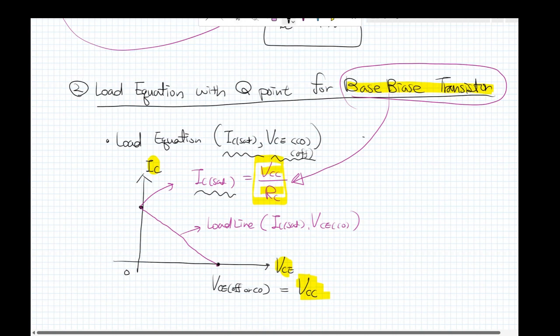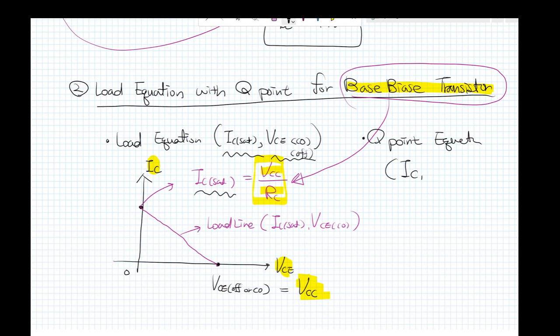We have to know about the Q point equations. So how can we find the Q point? That was I sub C and then V sub CE.